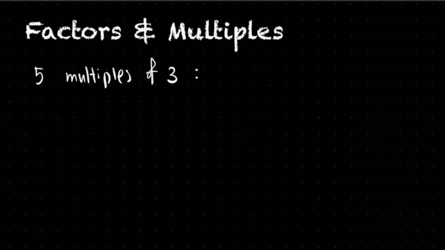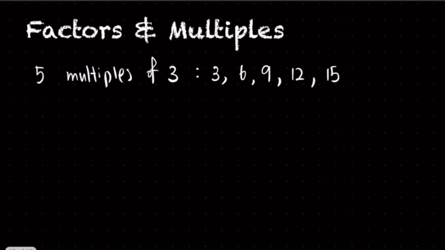So we have them 3, 6, 9, 12, 15. So why do they always ask this? Because it can go on for infinity. It's never ending. So they will ask first 5, first 3, first 10, things like that.